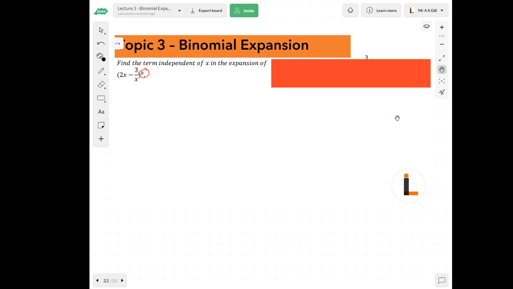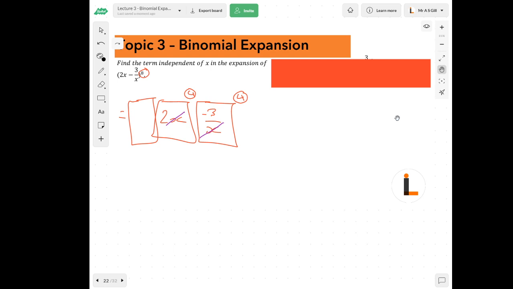So if we draw our boxes out again, there will be a point where the powers on these 2 boxes need to match. And with 8, that's simple because this is going to be 4 and 4. When we have 4 and 4, we're going to end up with x to the 4 as a denominator and x to the 4 as a numerator. So they will cancel out.